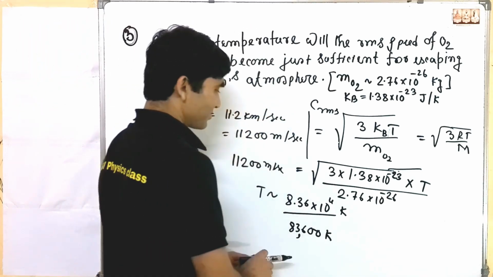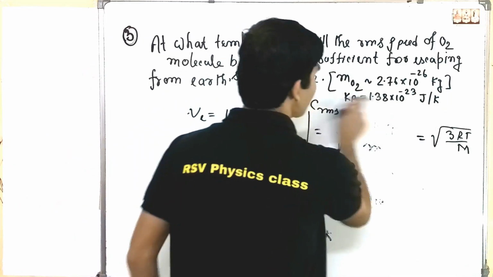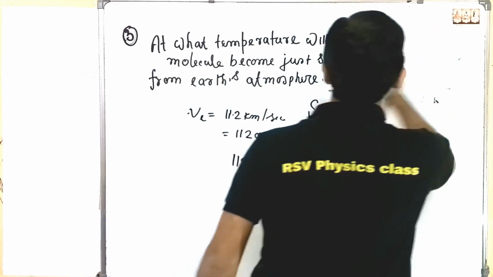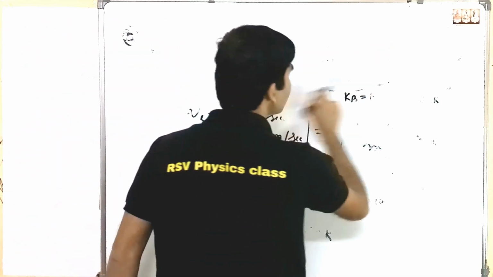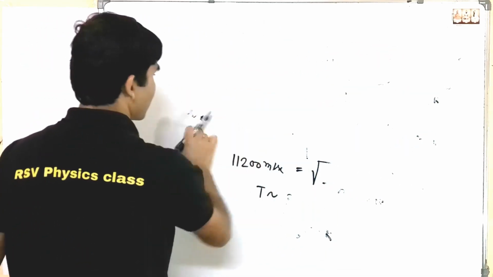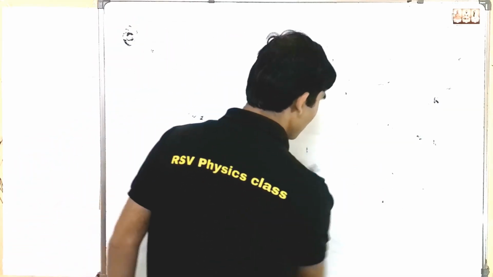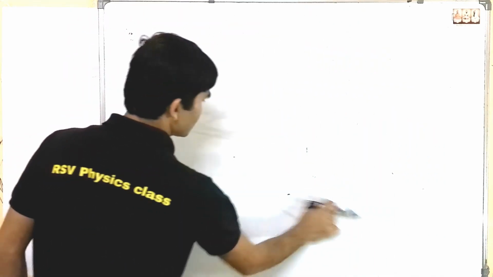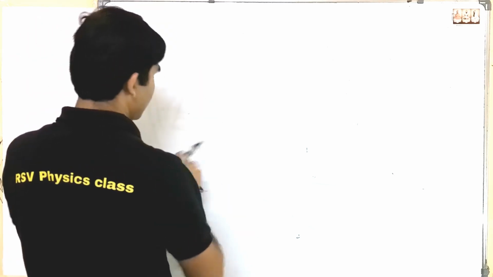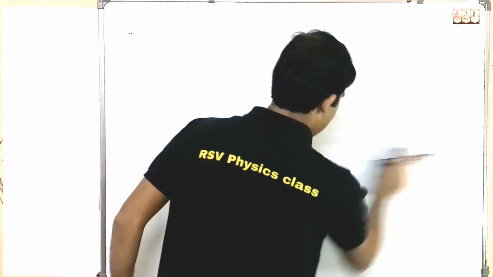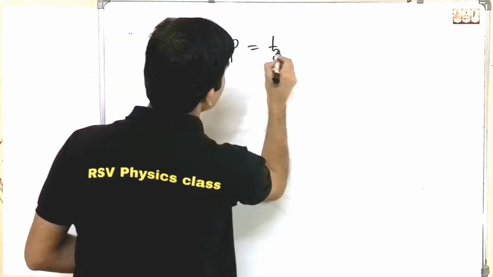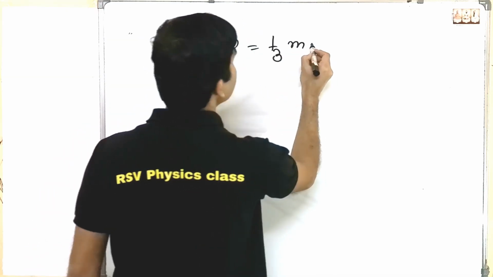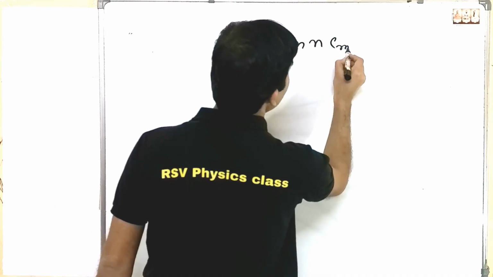Okay, now next problem we will be discussing again from kinetic theory. You know the pressure derivation. Last theory classes I have derived the pressure, how much? P equal to 1/3 mn c square, and this mn you will be confusing from your physics books as well as your chemistry book. So one thing you just write here: pressure P equal to 1/3 mn c rms square.